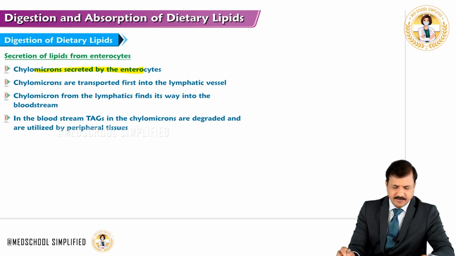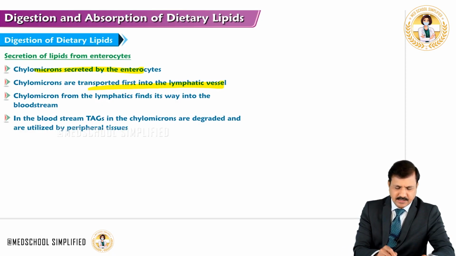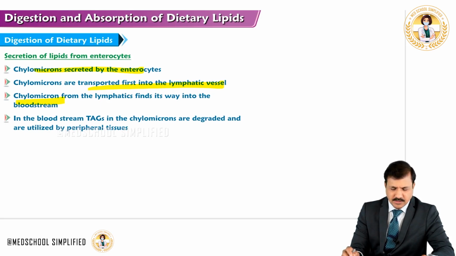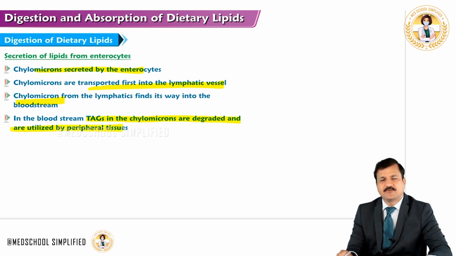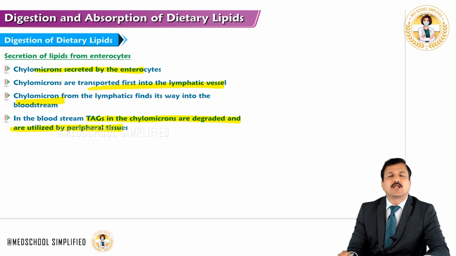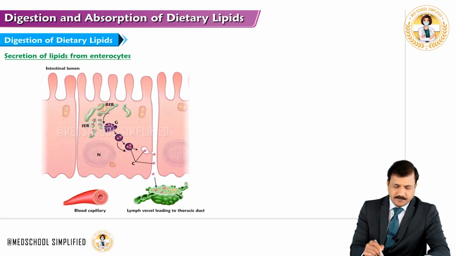Chylomicrons are secreted by the enterocytes and transported in the lymphatics and then find their way into the bloodstream. In the bloodstream, TAGs in the chylomicrons are degraded and utilized by the peripheral tissues in chylomicron metabolism. So the secretion of lipids from the enterocytes is shown here in the form of chylomicrons, where the lipids are present in the smooth ER.